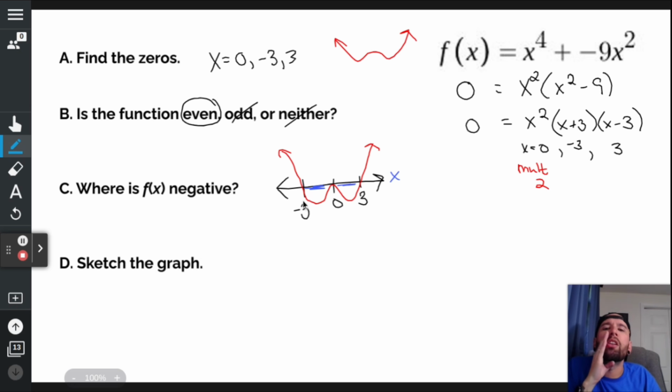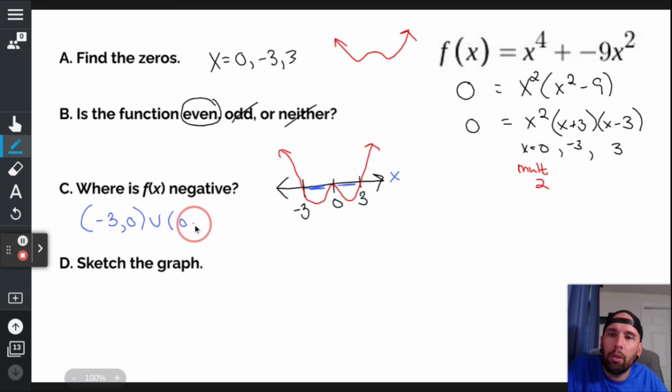Because it's not negative at 0. When it comes up and ricochets, it still hits the x-axis, which means at 0, it's 0, which is not negative. So I'm going to say that my intervals are between -3 and 0, not including, union, 0 and 3.